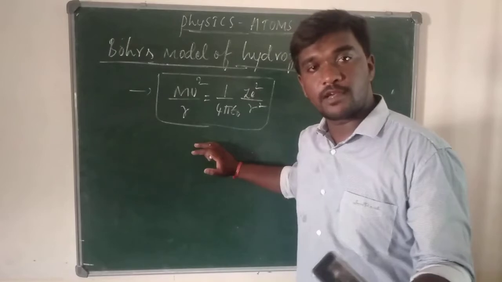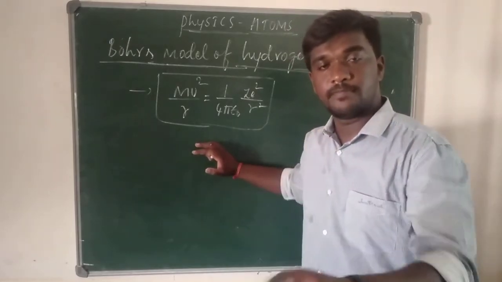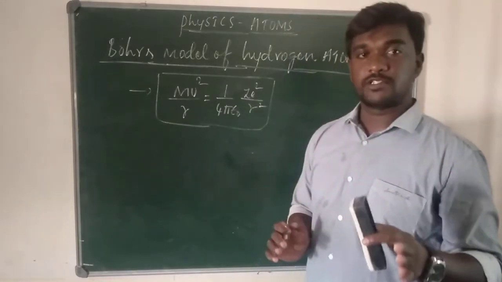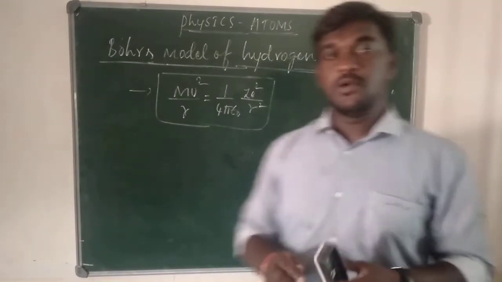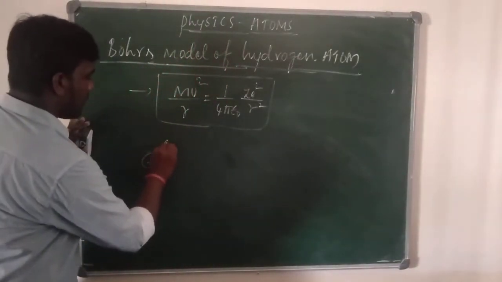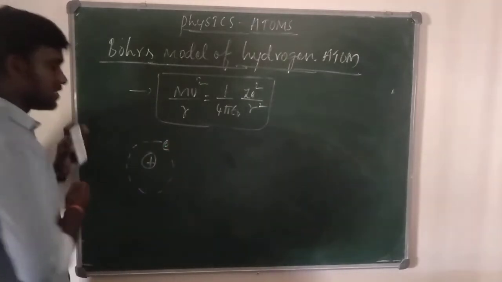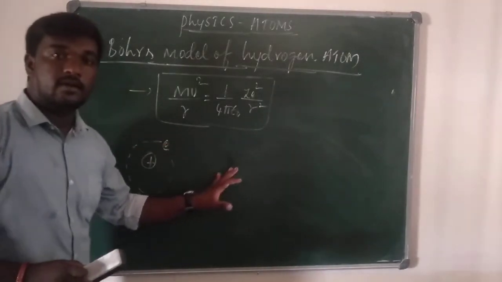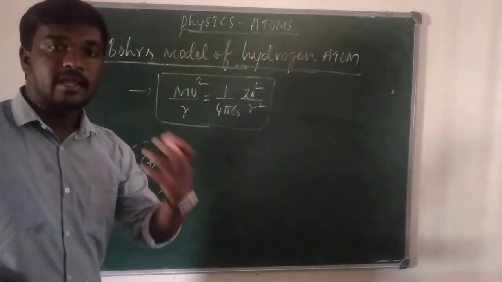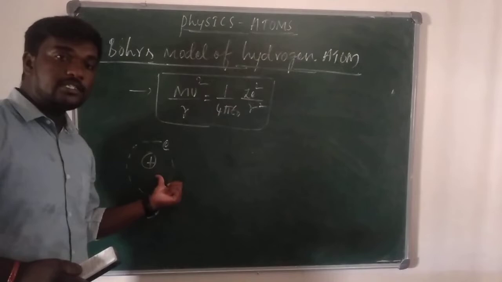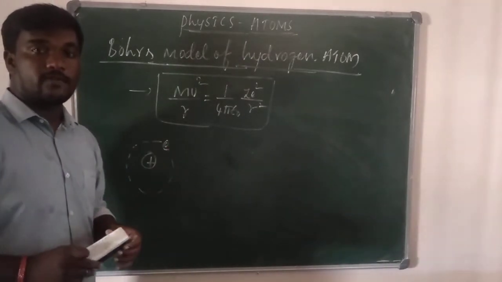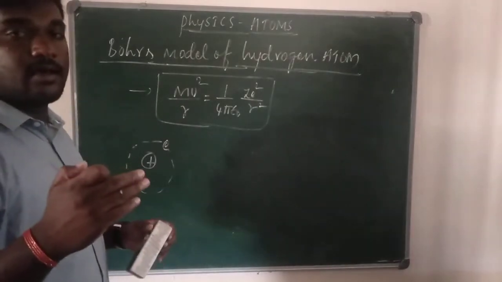The centripetal force required by the electron for revolution is provided by the electrostatic force of attraction between the nucleus and the electron. This is a positive nucleus, and the electron revolves around it in a circular orbit. When the electron revolves in a circular orbit, the centripetal force is created, and that force is provided by the electrostatic force of attraction between the nucleus and the electron.